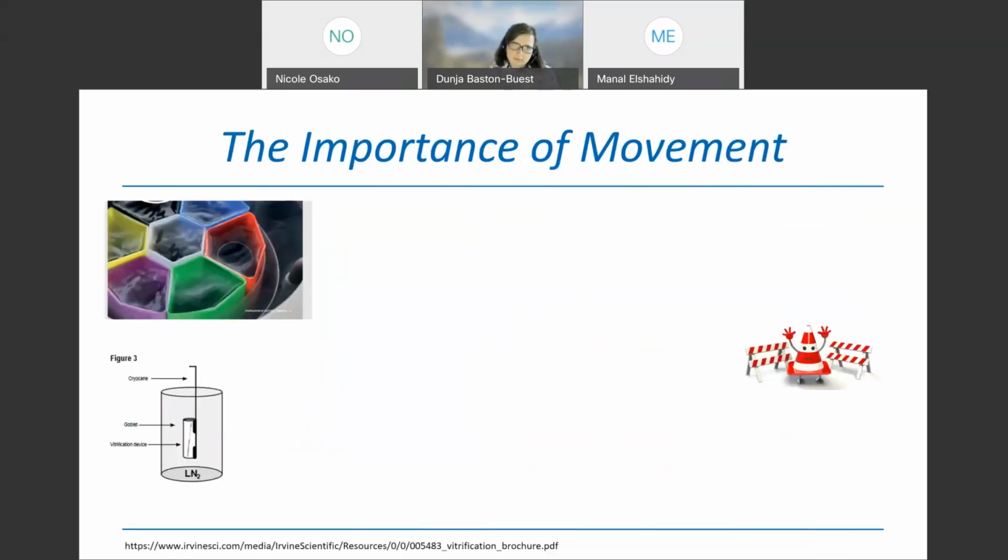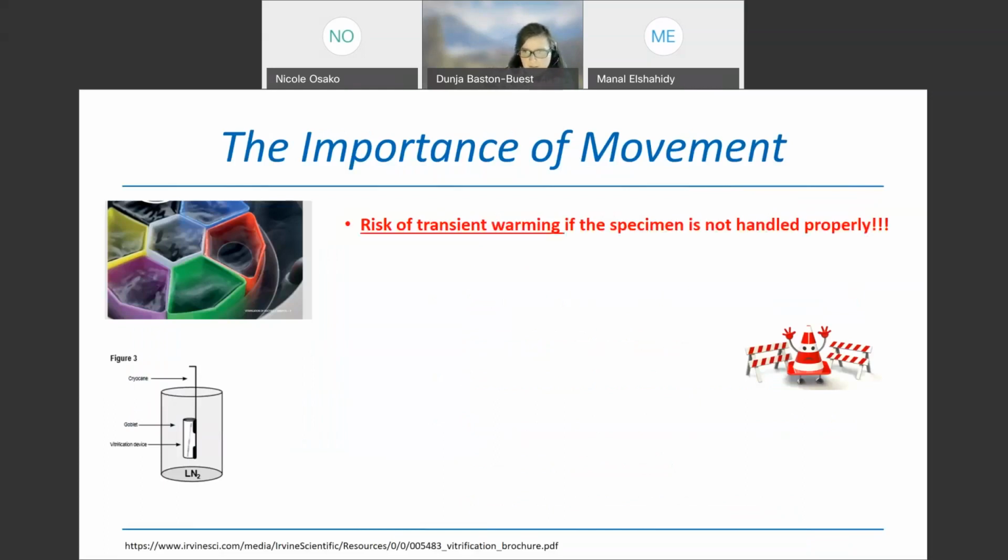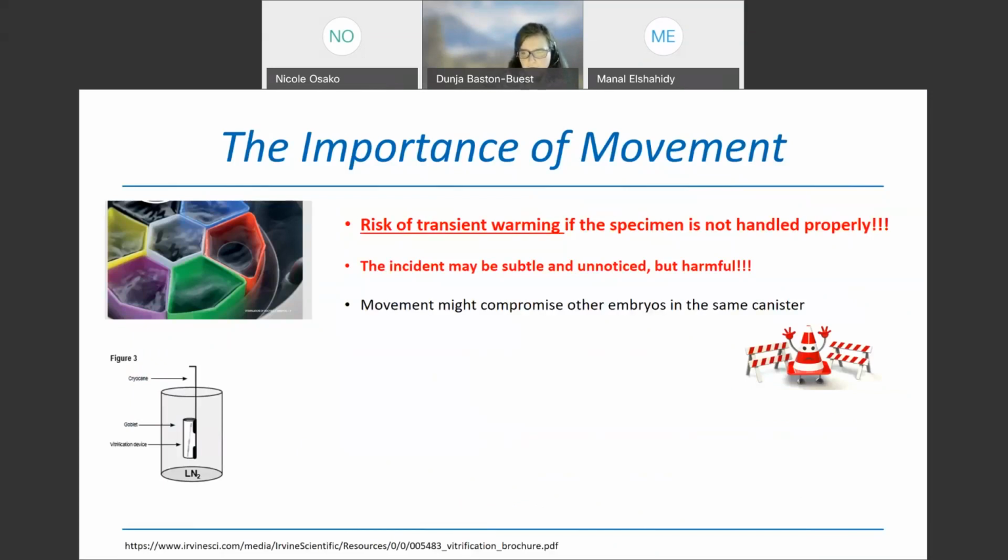Now, what is really important about the vitrified specimen is the movement. So be sure not to warm the specimen at all. Handle them properly, because you might not notice the damage, but you will see it in case you thaw this. And be sure not to compromise other embryos in the same canister or other oocytes, for example.